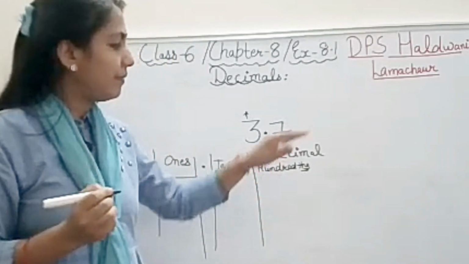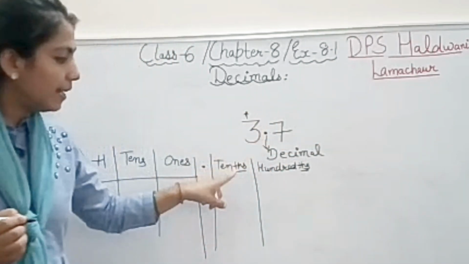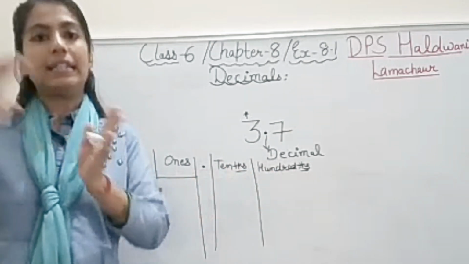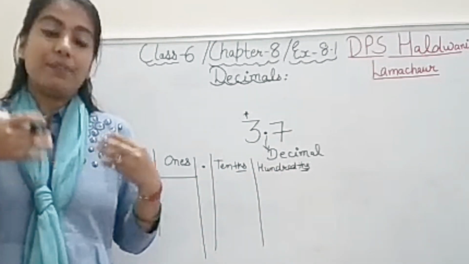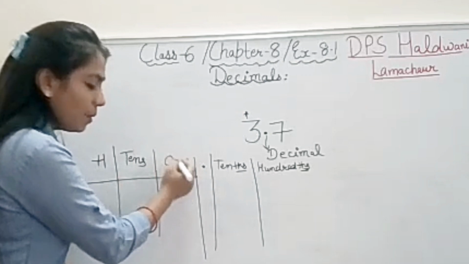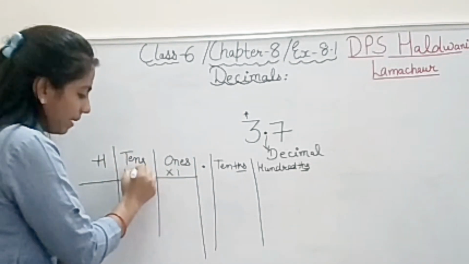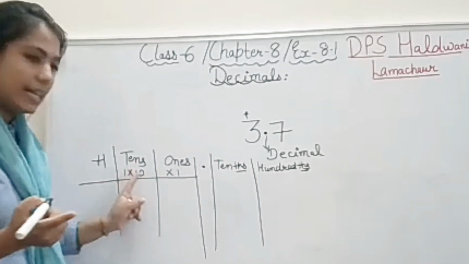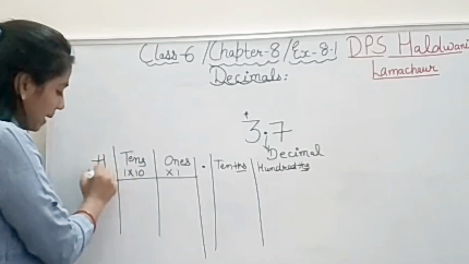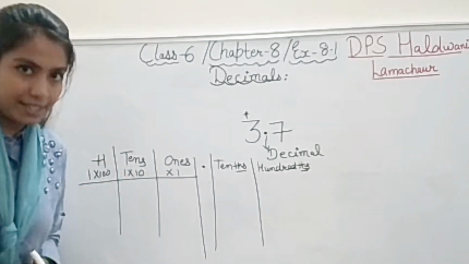Means whenever we have a decimal number part, we'll write THS at the end, right? And the value will be: ones, we multiply the given term with 1, tens we multiply with 10, hundreds we multiply with 100, right?